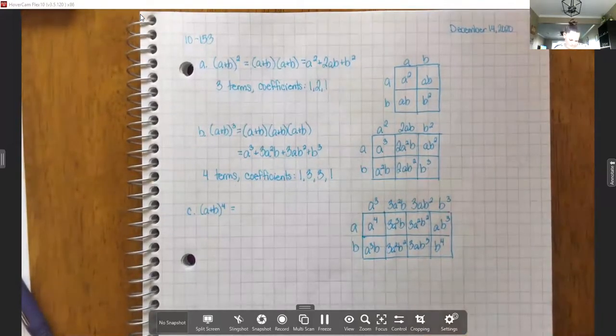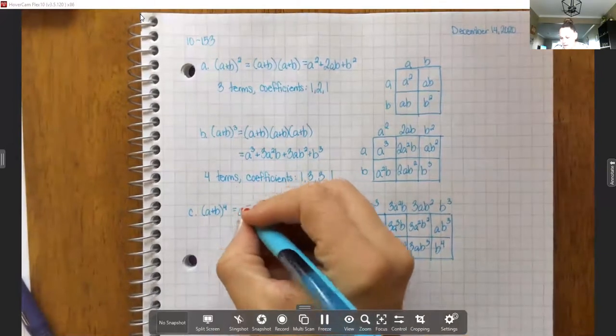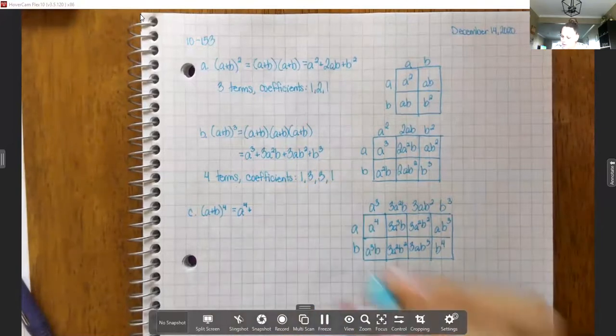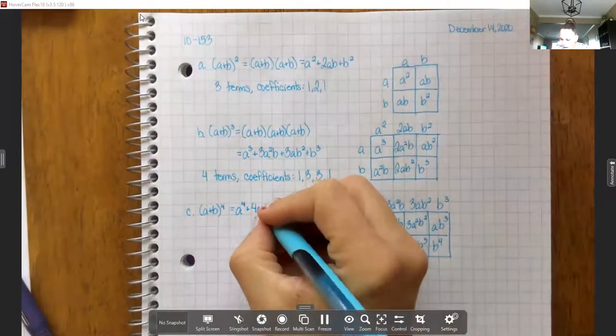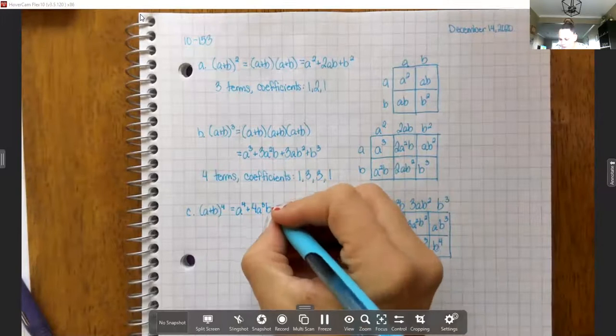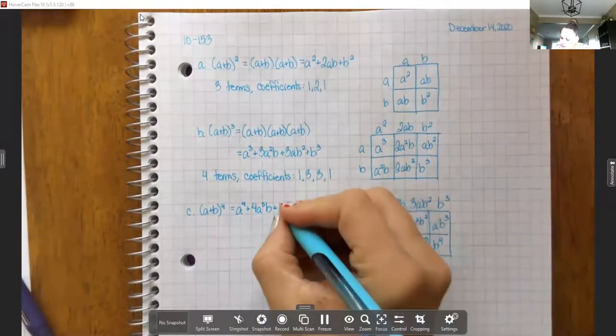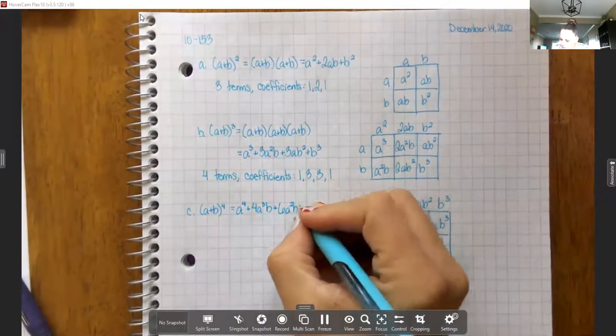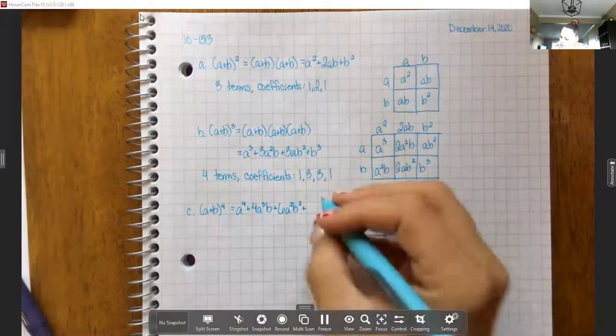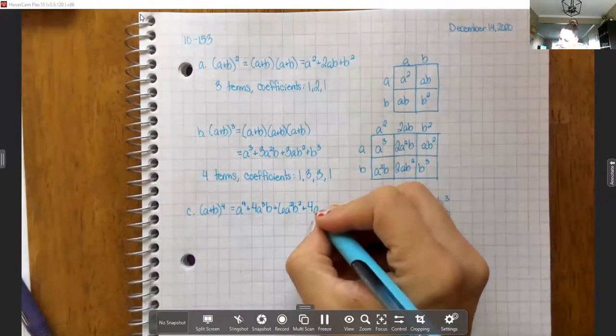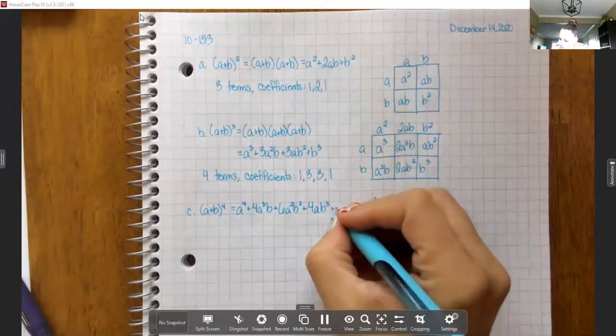So this ends up being a to the fourth plus 4a to the third b plus 6a squared b squared plus 4ab cubed plus b to the fourth.